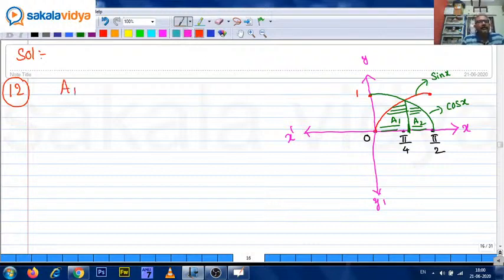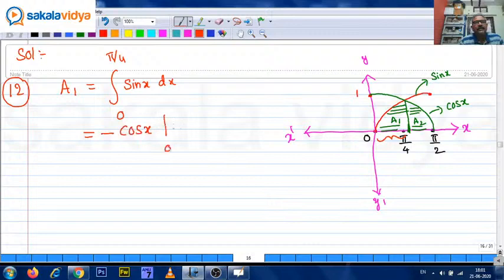First A1. A1 equals integral 0 to pi by 4 under the red curve, the sin x dx between 0 to pi by 4. Integral of sin x is minus cos x. Just as in the previous case, we apply limits 0 to pi by 4.